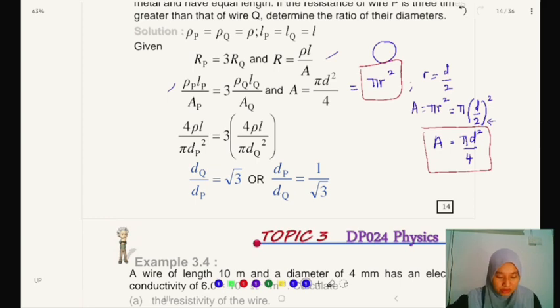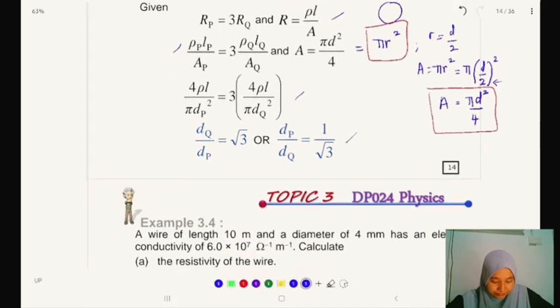So, masukkan sahaja nilainya. Ni dia dah tukar bentuk kepada 4, 4 rho L. Kemudian dapatlah dP over dQ sama dengan 1 over square root 3. Kau dapat dalam bentuk perpuluhan macam mana? Boleh je bentuk perpuluhan.